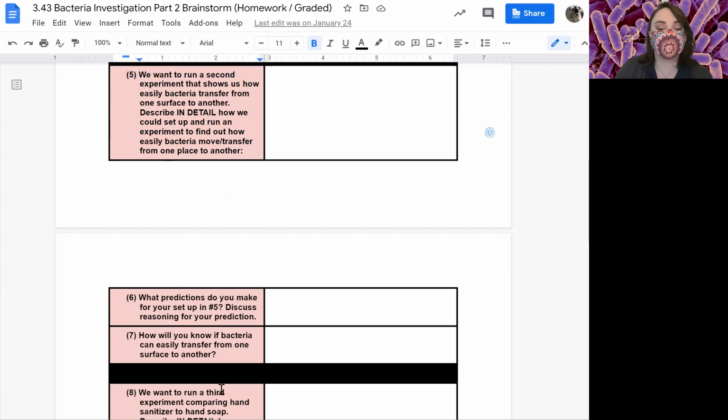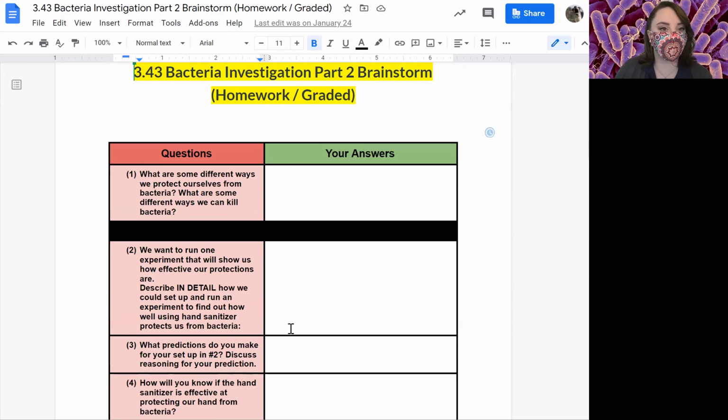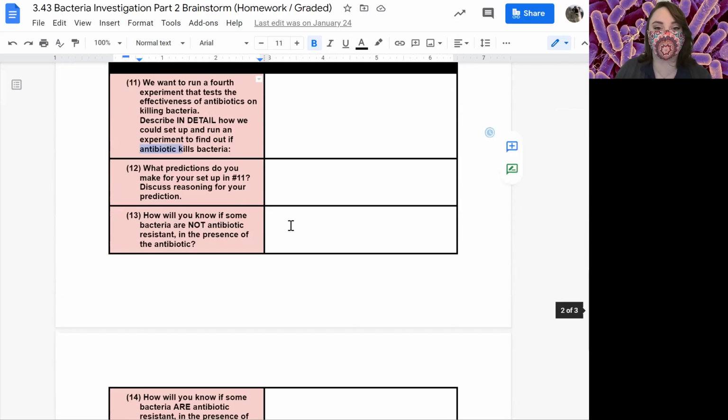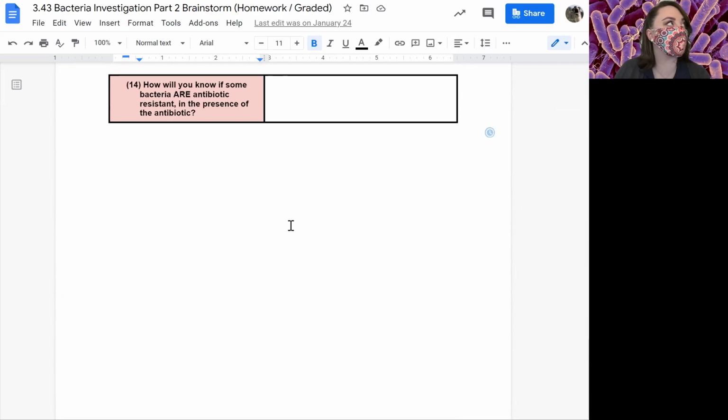And another one is to see how easily bacteria transfer off surfaces. Like if a surface is dirty, how easy is it really to get the bacteria off the surface onto our hands? So your job, again, you do have to answer 1 through 4, but we went over those together. Now you have to use your own brain to answer number 5 through 14.